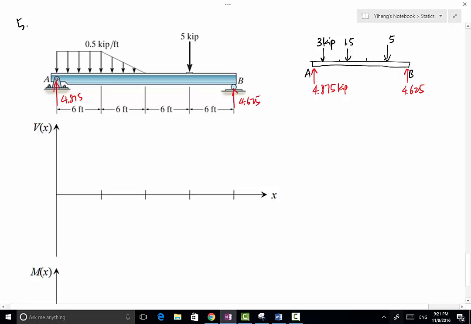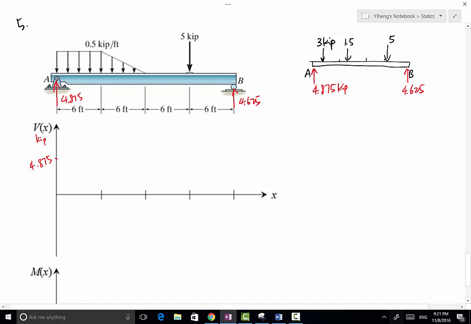So starting from point A, that is 4.875 up. So we start from here, 4.875, in the unit of kip, kilopound.